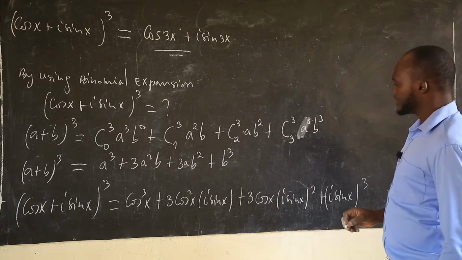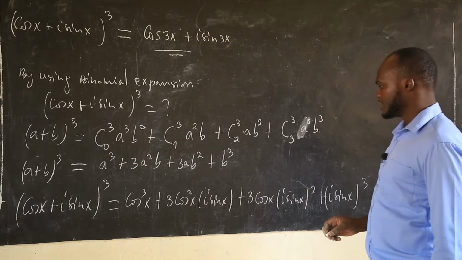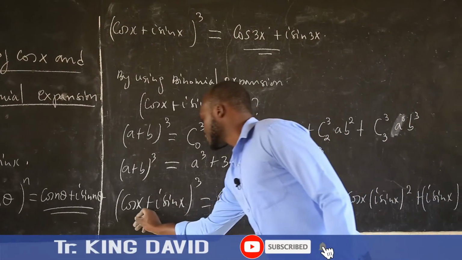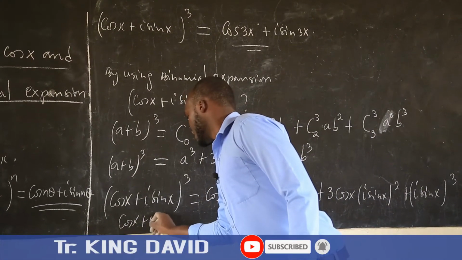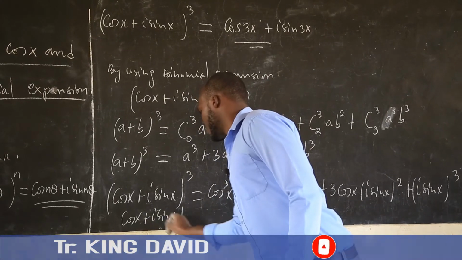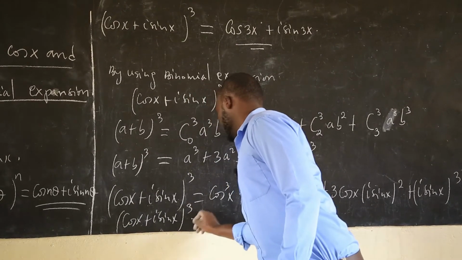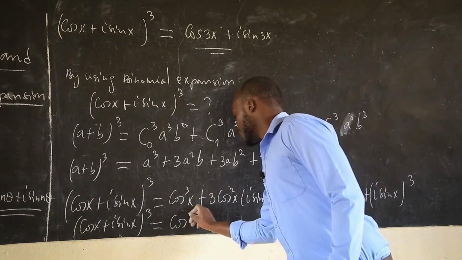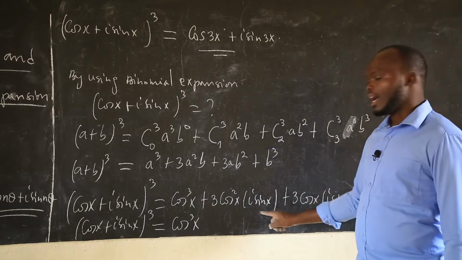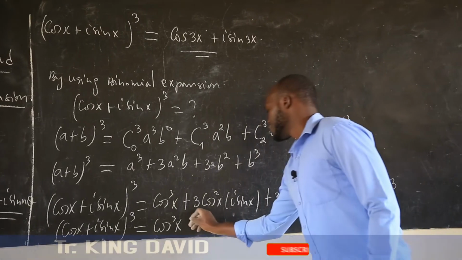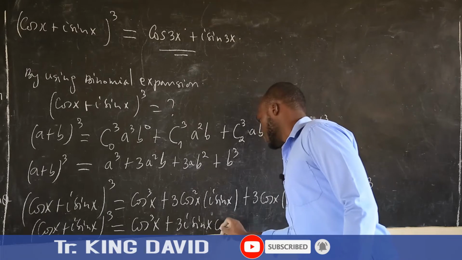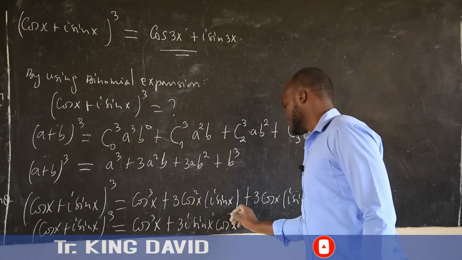So the answer is cos power 3 x, plus 3I sin x cos squared x.